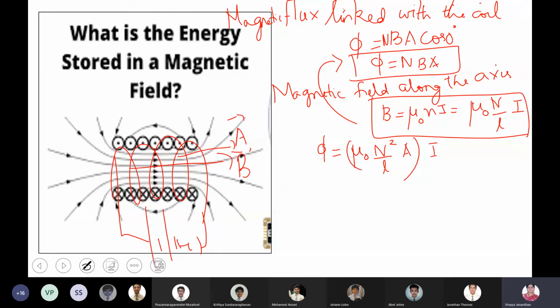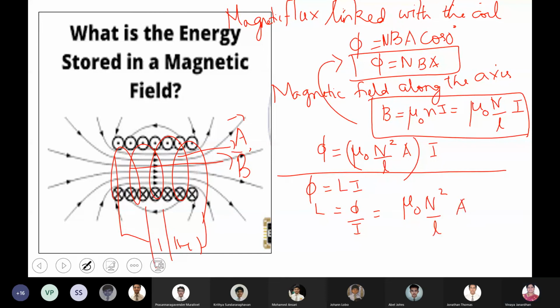Then we very well know phi is equal to L into I, or L is equal to phi divided by I. So that is the coefficient of self-induction. I will get cancelled.